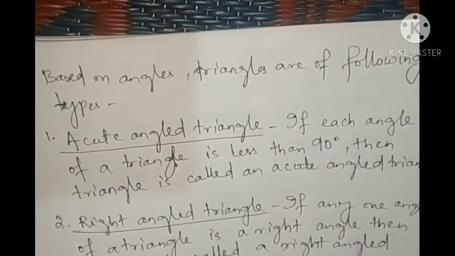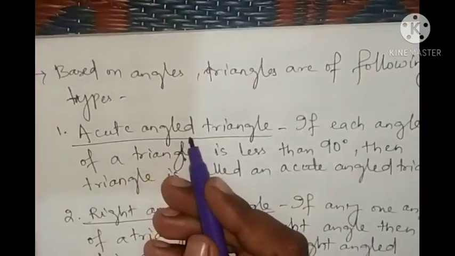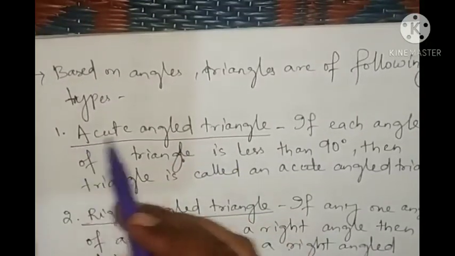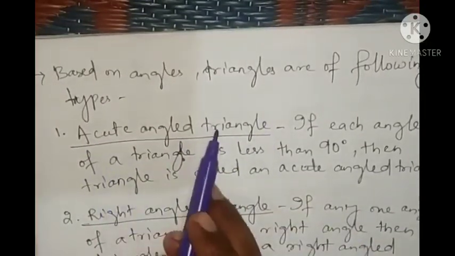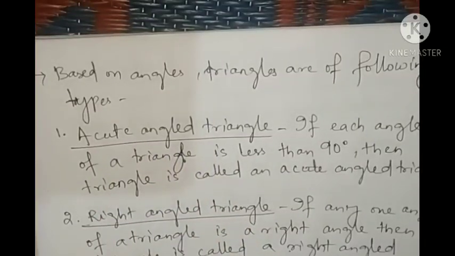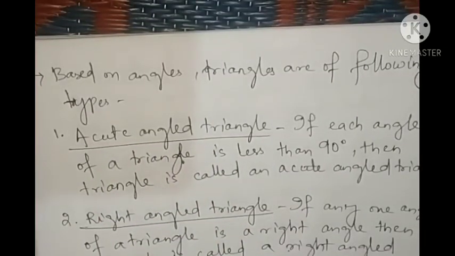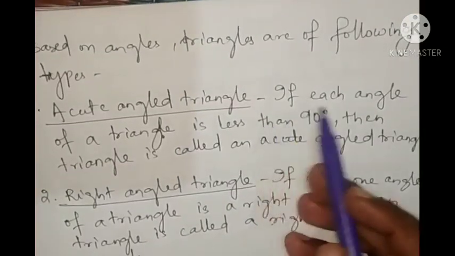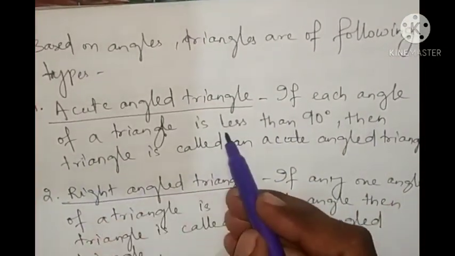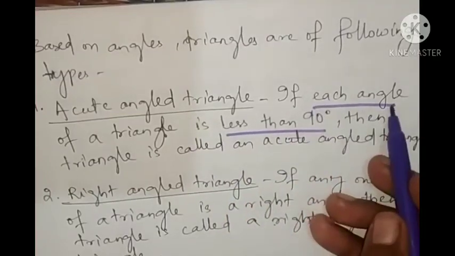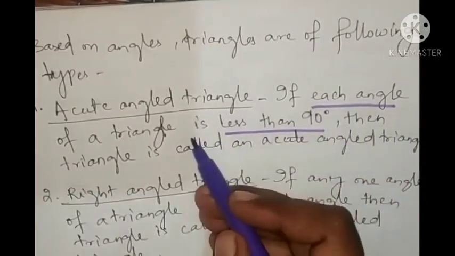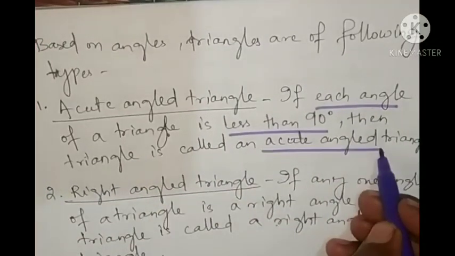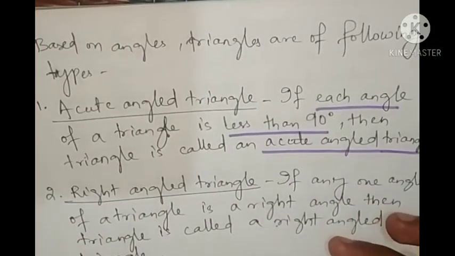Number one is acute angled triangle. By the name you can say that in this triangle we will find acute angles. Let's see how many. If each angle of a triangle is less than 90 degree, then the triangle is called an acute angled triangle.